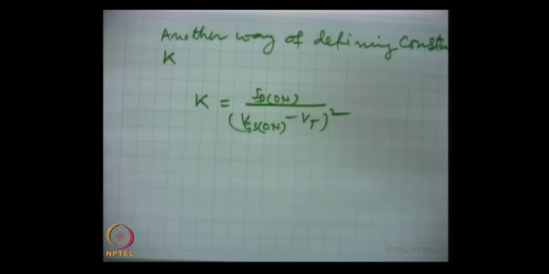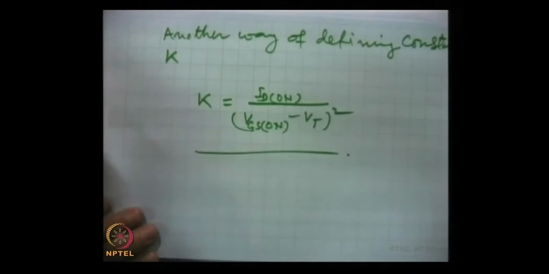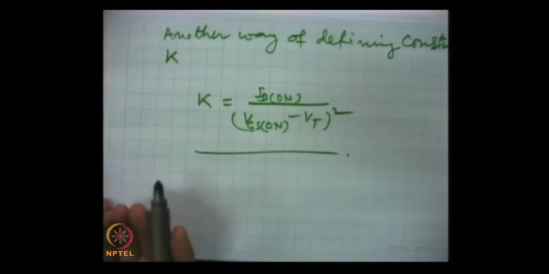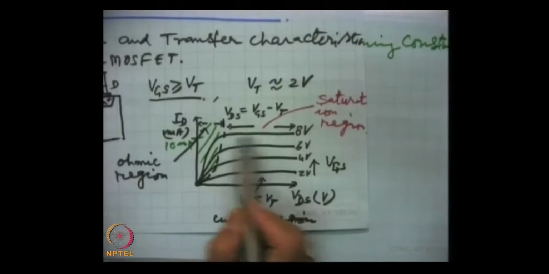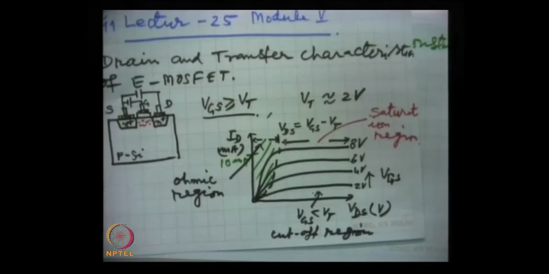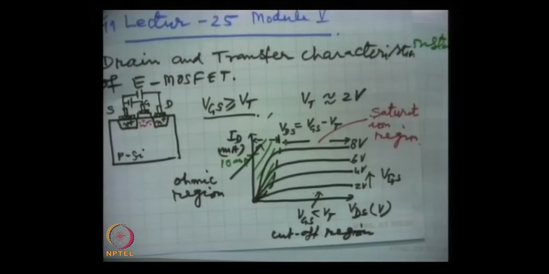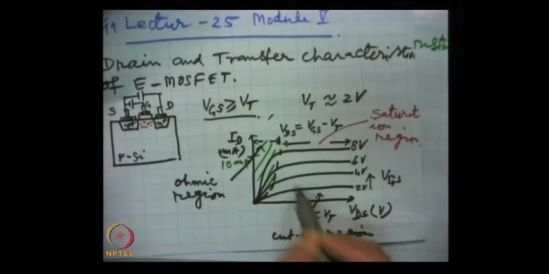So, this was about the ohmic region. Here we finish the ohmic region, and then we remember this K because this will be used even in the saturation region and so on. Whenever we want to use the device in amplifying mode as an amplifier, then we have to operate it in this saturation region.